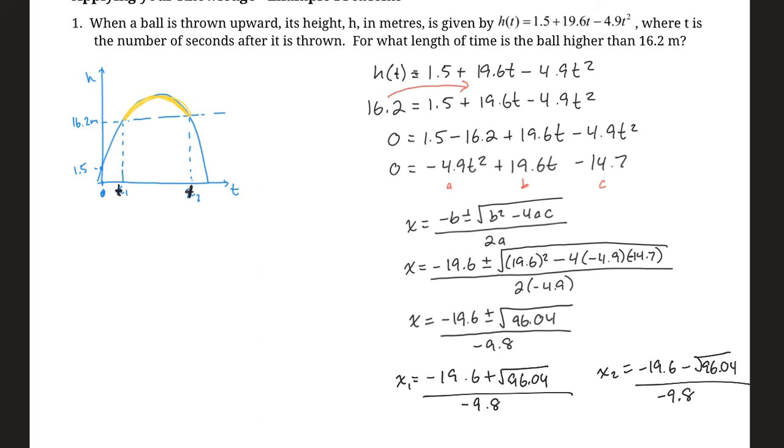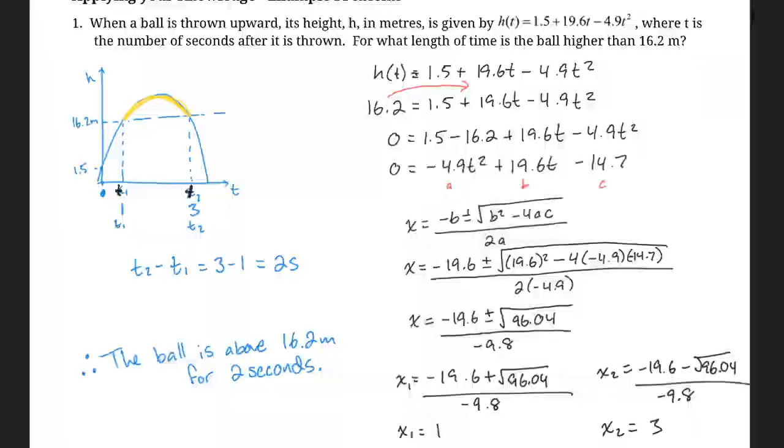So put those two in your calculators. Once you've put them in your calculators, you will get x is either equal to 1 or x is equal to 3. So that means on our graph, in between 1 second and 3 seconds, our height is above 16.2. So that's a total of 2 seconds the ball is over 16.2 meters.